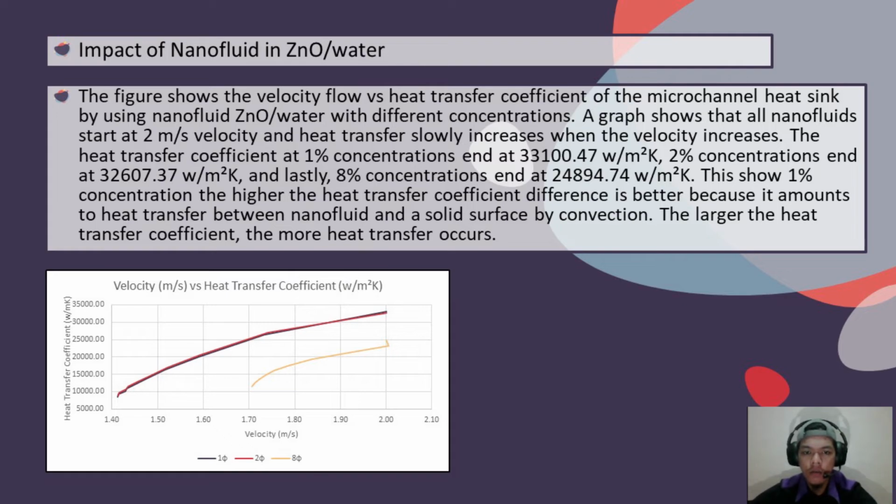A graph shows that all nanofluids start at 2 meter per second velocity and heat transfer slowly increases when the velocity is increased.